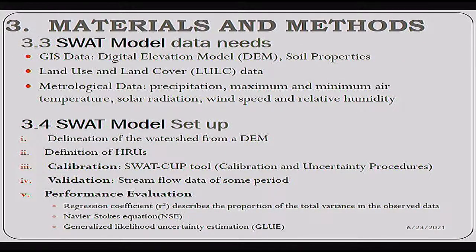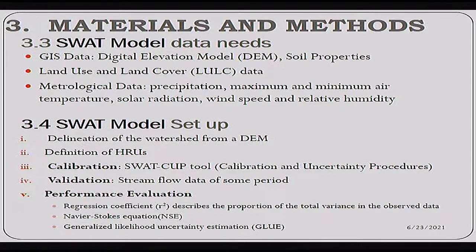Those are the data needs. So that's how I'll set up the model. It's something I have done. I have reached a stage where I'm now analyzing the data. You look at the coefficients R squared, NSE, and maybe GLUE. What did you get from the model?